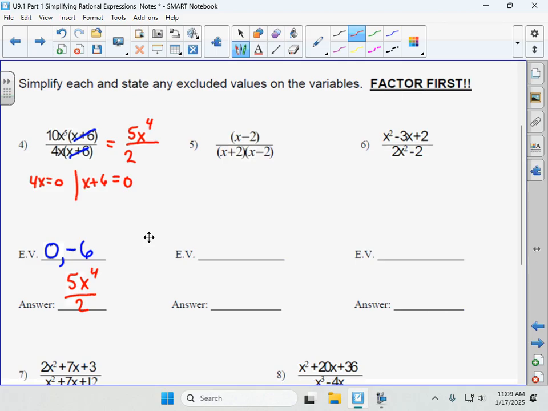All right, number 5. Looks like everything's been factored, and so we want to get our excluded values first. And so x plus 2 gives me an excluded value of negative 2, and for x minus 2, it would be positive 2. All right, so now we want to go ahead and simplify. Since everything's been factored, I can see I have a binomial x minus 2 on top and bottom, so I can cancel those out.